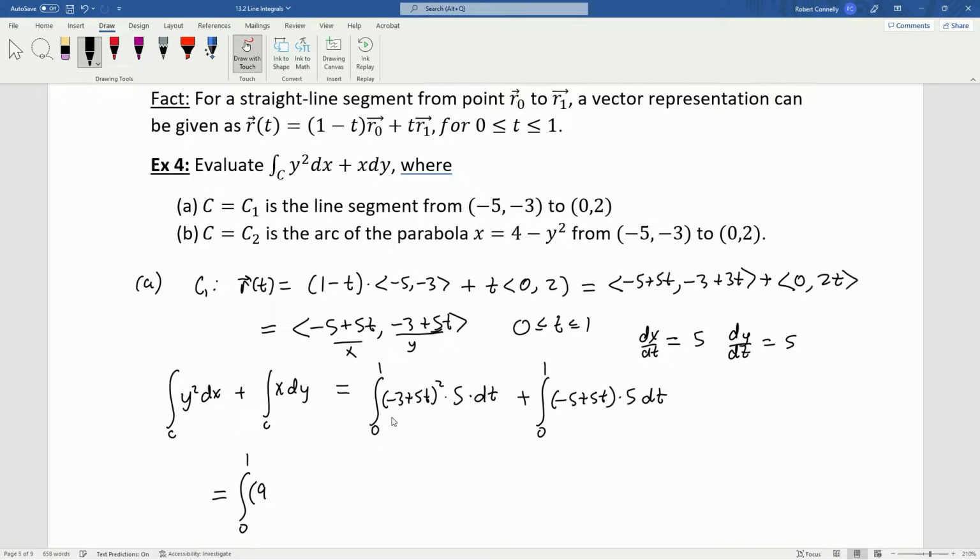So just do a little cleanup here. Pull this 5 out in front. This will give me 9 minus 30t plus 25t squared. And for the second integral, I can factor out another 5 with this 5 and put 25 in front, and then I'll just have negative 1 plus t inside my integral.